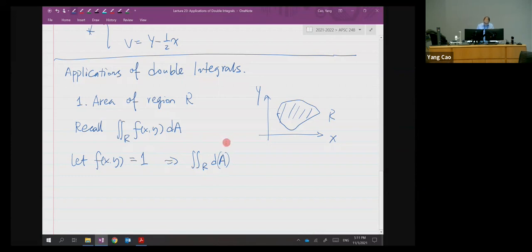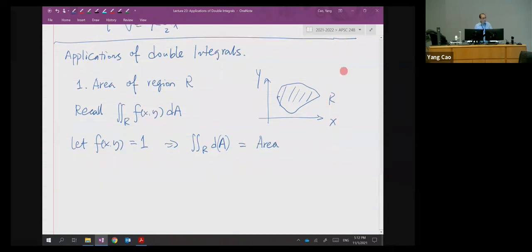If you recall, dA is a small area, right? So if you integrate dA over R, you're adding all the small areas up over this region R. So then you get basically the total area of the region R. So f of x, y equal to 1 naturally gives you the total area of the region R.